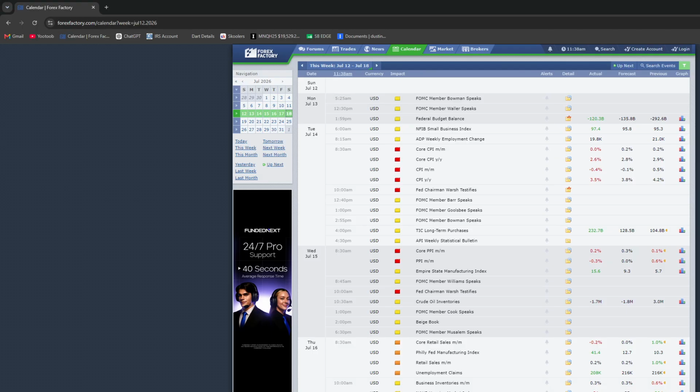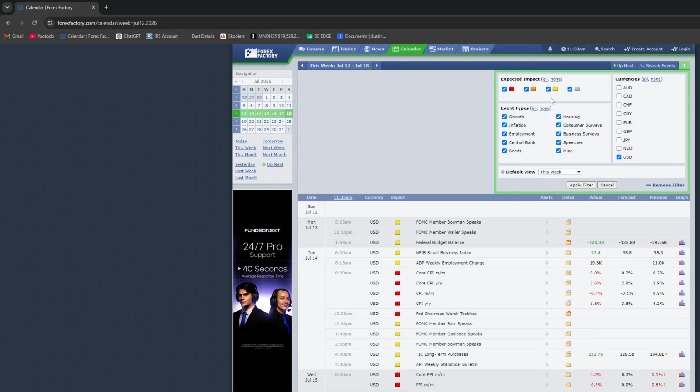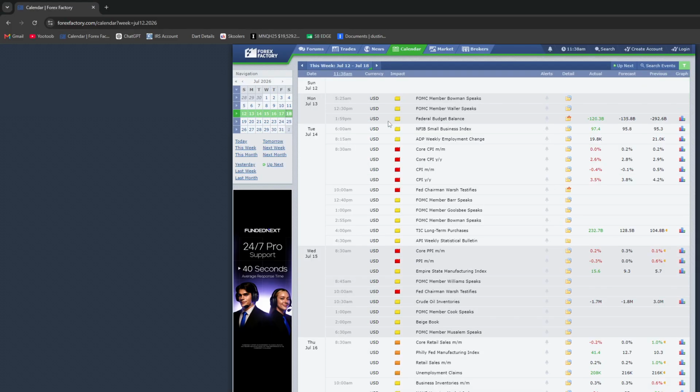And my entry model is the 2022 model. So that tweet has been making me backtest the economic calendar days, like flipping on the yellow folders as well.